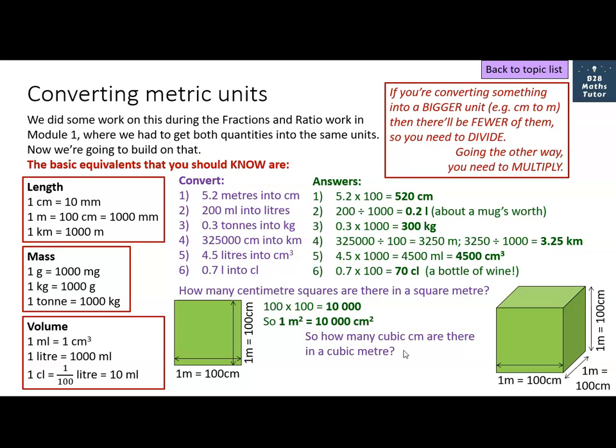So the total volume is 1 by 1 by 1 metre, 1 metre cubed, but it's 100 times 100 times 100 centimetres cubed. And 100 times 100 times 100 is a 1 with 6 zeros after it, a million. So 1 metre cubed is actually 1 million centimetres cubed, which might surprise you.